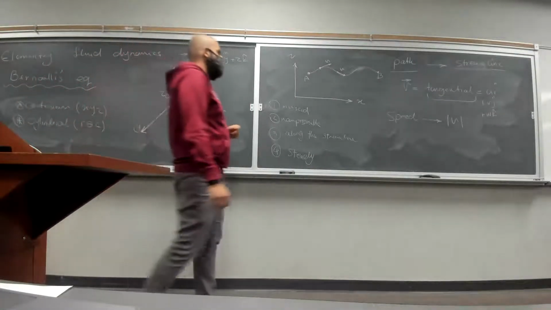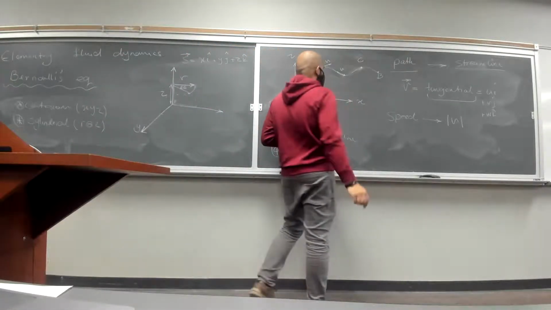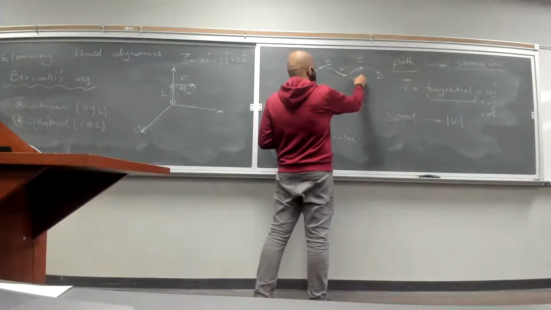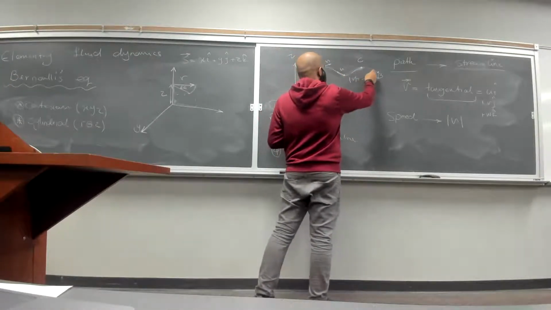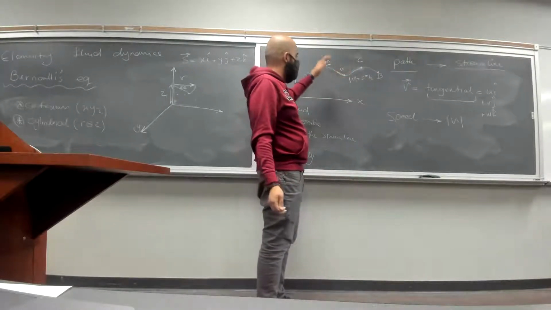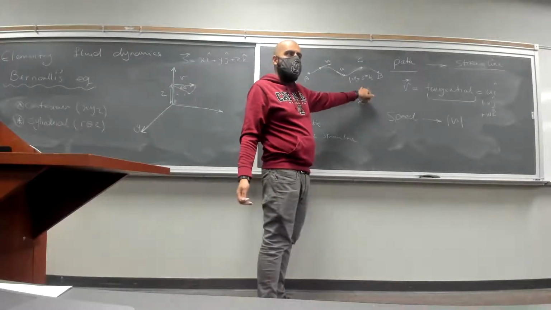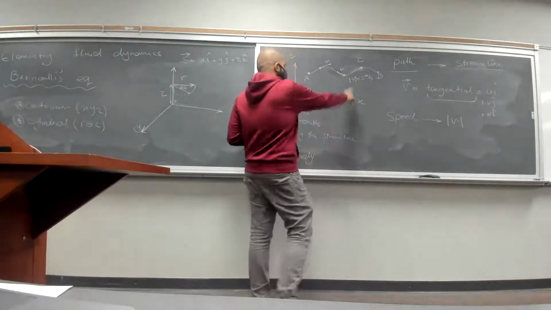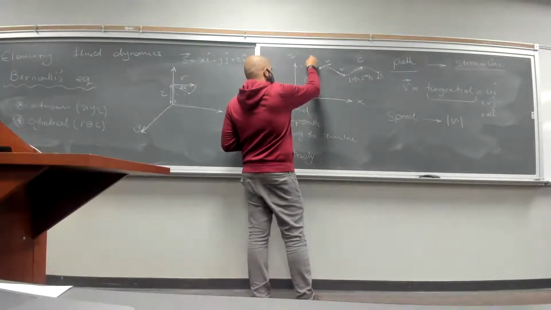So at each point, there won't be any changes with time. What does it mean? It means that at this point C, for example, if the magnitude of velocity is 3 meters per second at time 1 second, at time 10 seconds, the magnitude of velocity is still 3 meters per second. But this velocity can be different than the velocity at point A. The velocity at point A can be 1 meter per second.